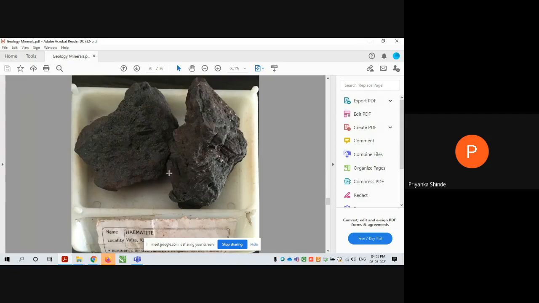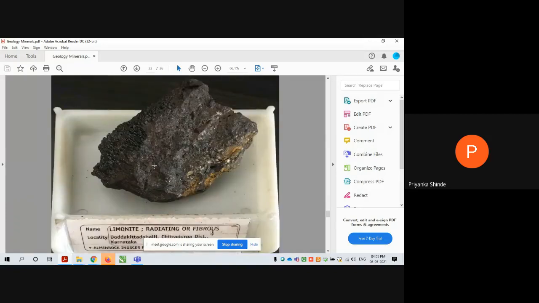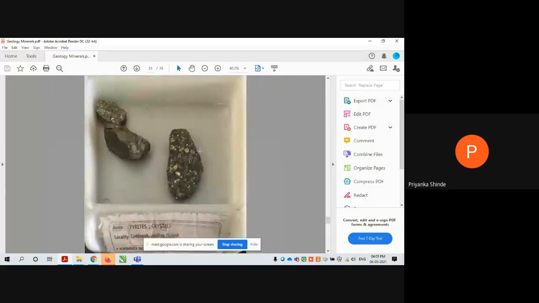The colors you can see are black, brown, red, bronze, yellow, all these colors. This one looks like gold, but it is not gold. It is fool's gold. The other name for this is pyrite. Pyrite is an iron ore mineral.